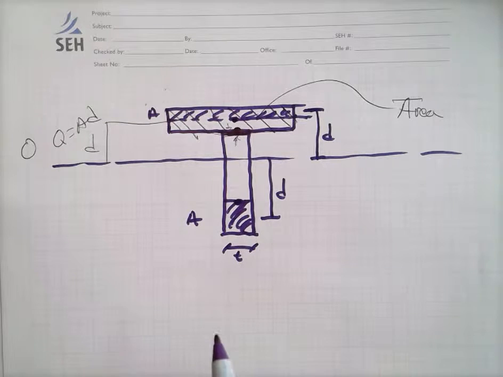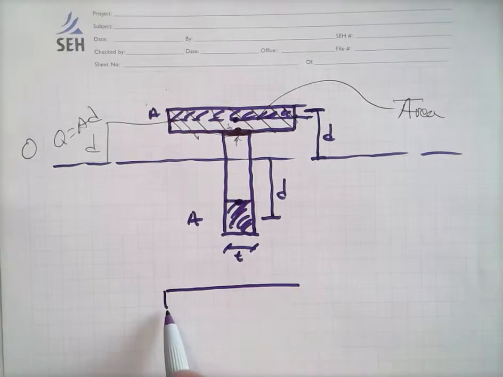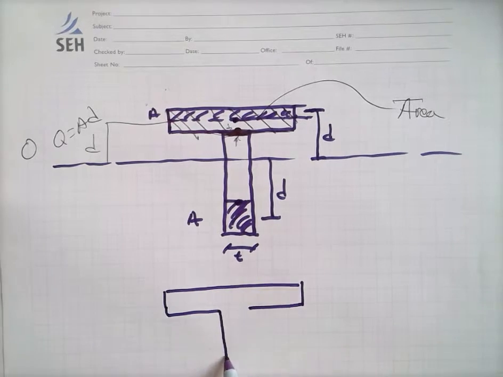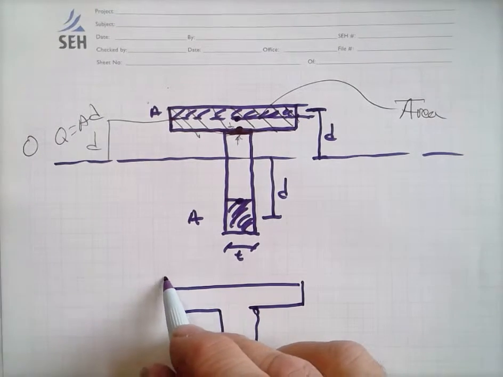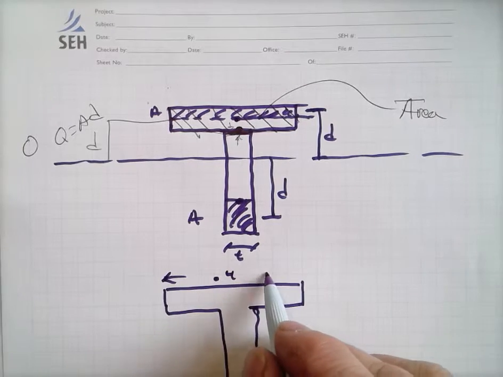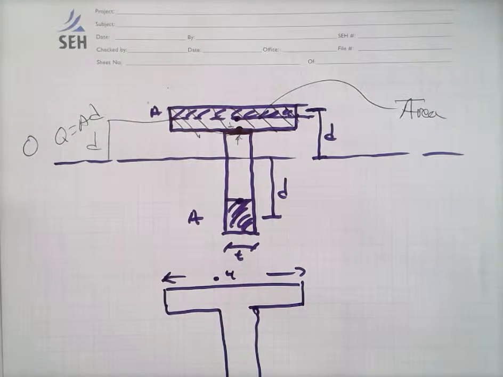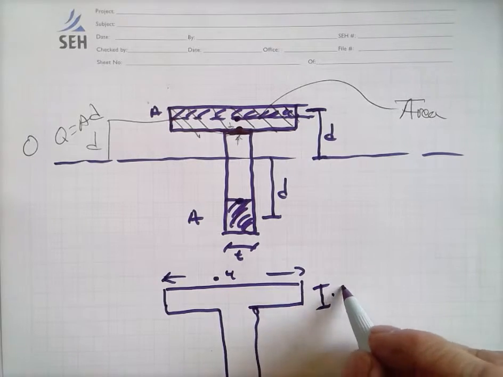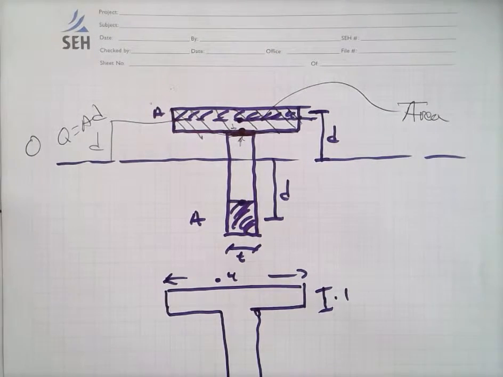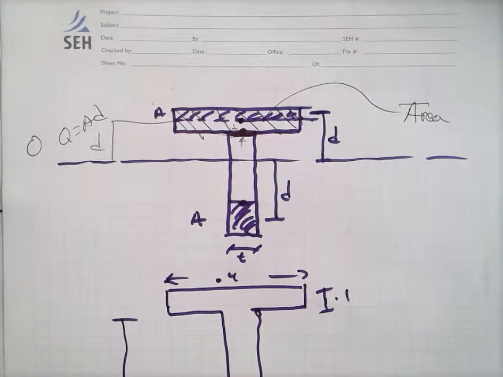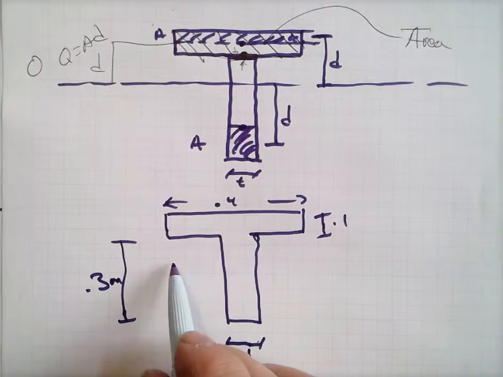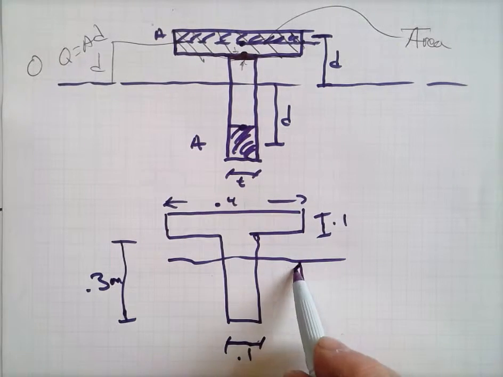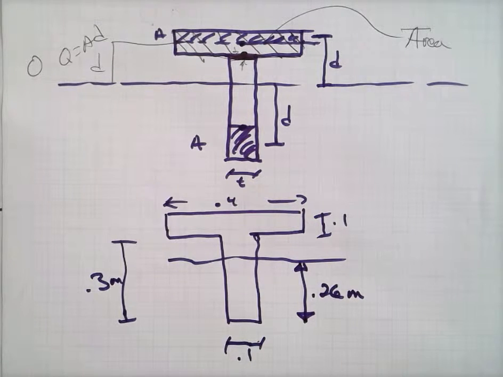And for our T-shape that we're dealing with here, we've got the dimensions of 0.4 and 0.1, 0.1, and 0.3 meters. And as I said, we found the centroid to be 0.26 meters from the bottom.